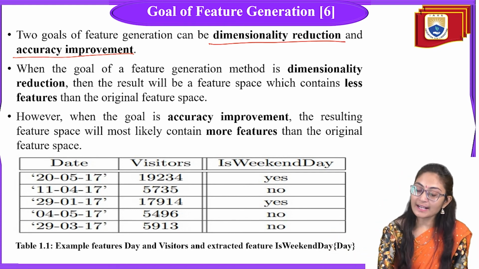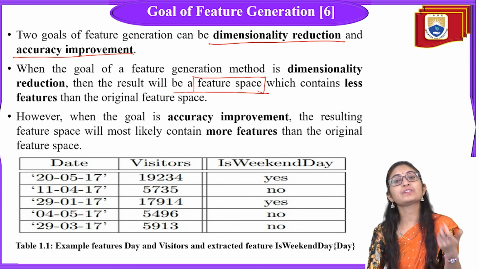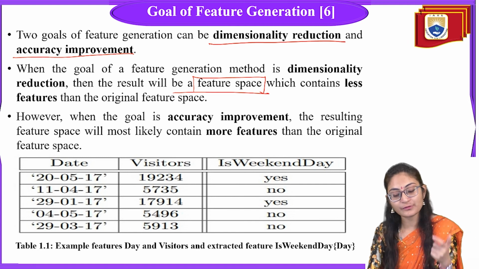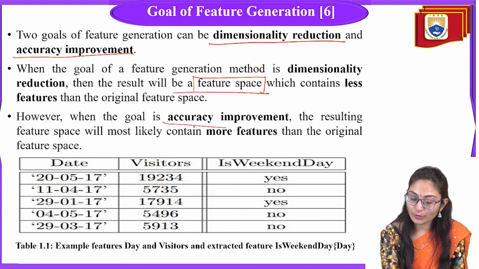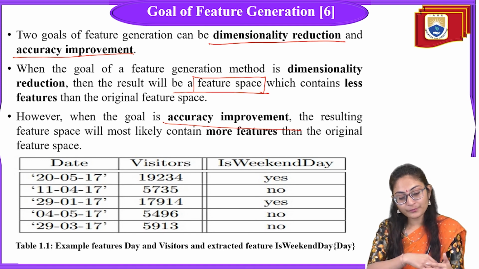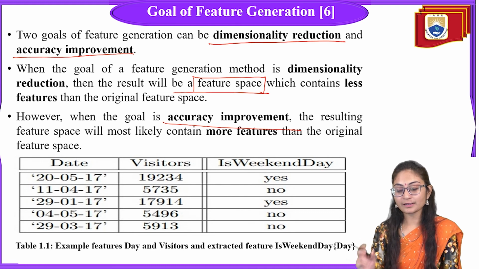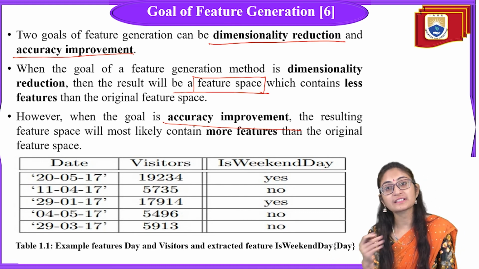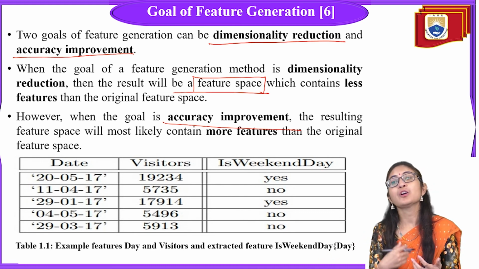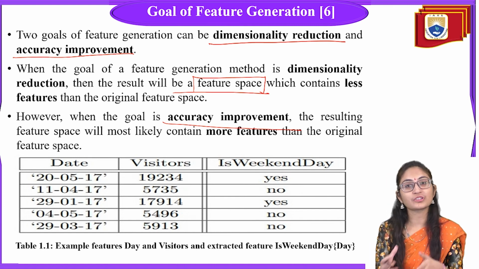That means the important data will be stored in less space. We can save space. And when you are talking about accuracy improvement, it will contain more features than the original features. It will contain some more new, important features than the original features.